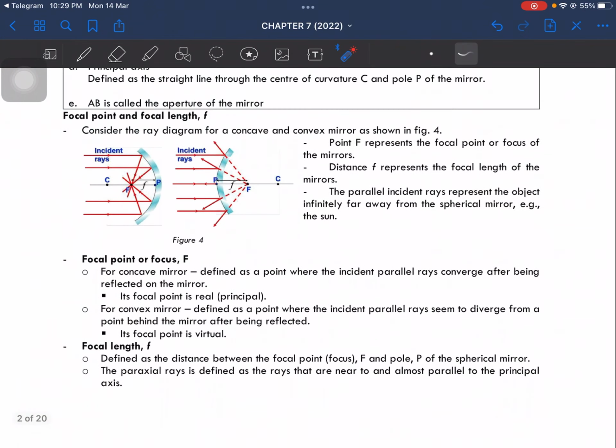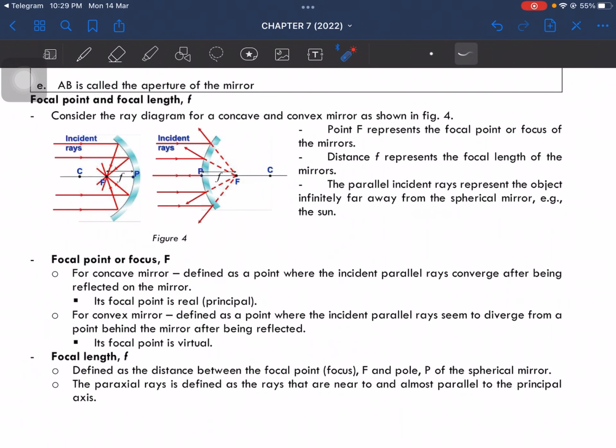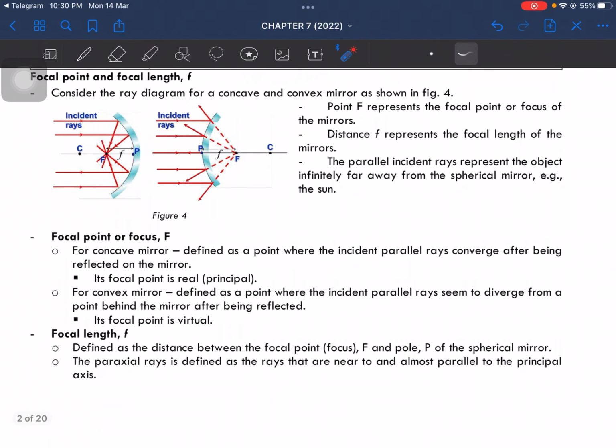Alright, now focal point and focal length. Let's consider this ray diagram. This is a concave mirror and this is a convex mirror. Remember, the capital F represents the focal point and the small letter f is the focal length. Let's look at the concave mirror.